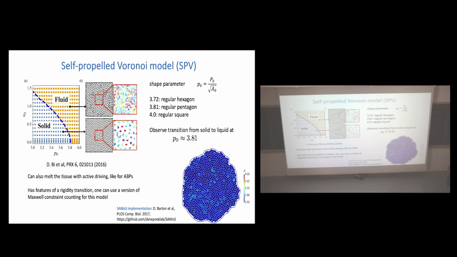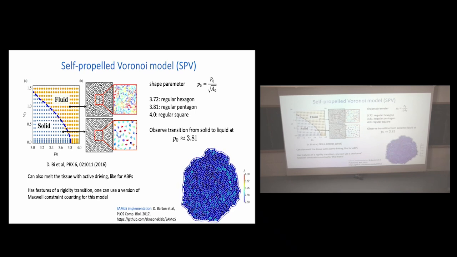And what you find is that even without driving, there's a transition between something which is solid and something which is fluid. In this case, defined as rearranging under an infinitesimal driving. Pretty close to 3.81 and very slightly dependent on the details of the active driving. So this is an example of something like a solid-liquid or glass-like transition in a system which is not a standard glass former, and density is irrelevant here.